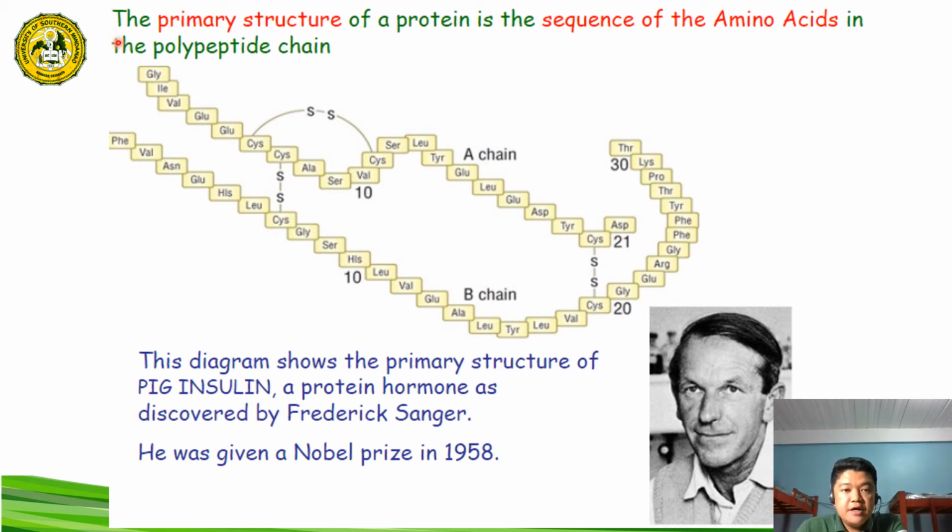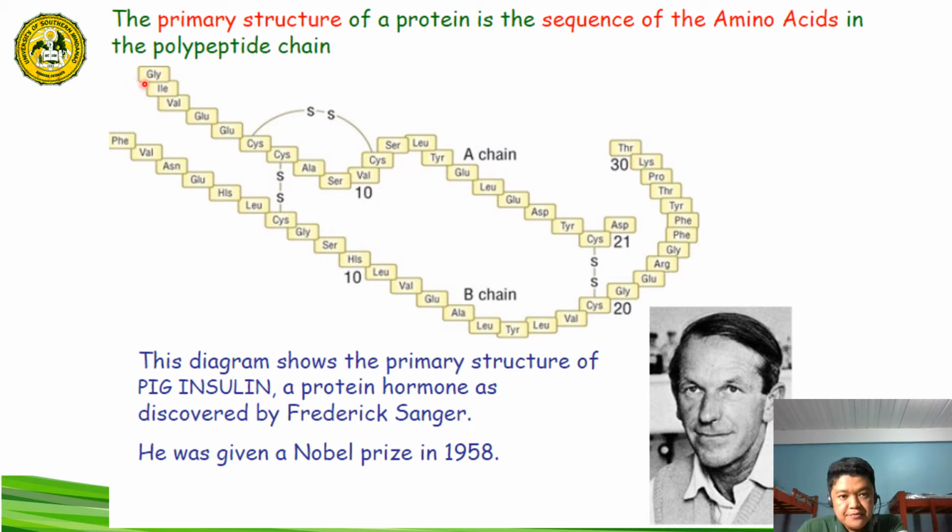We also have here another representation of the primary structure of the insulin, particularly in the pig insulin. So this diagram here represents the primary structure of the pig insulin. This is a protein hormone as discovered by Frederick Sanger.